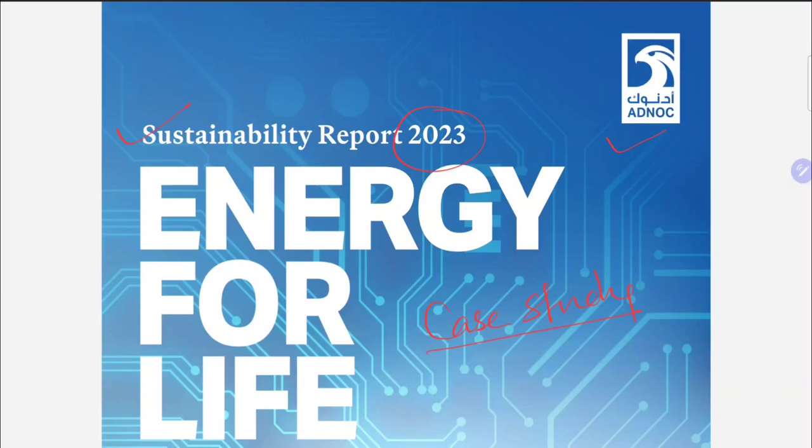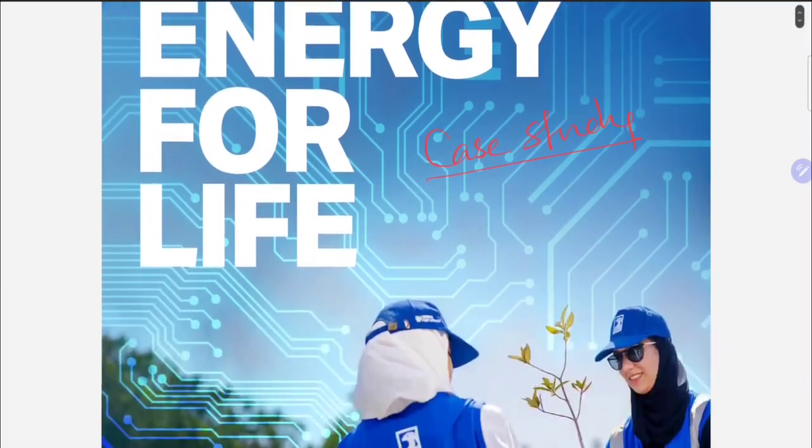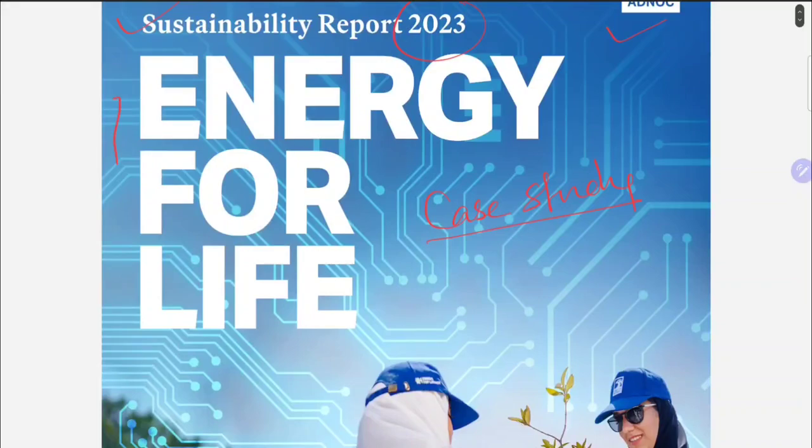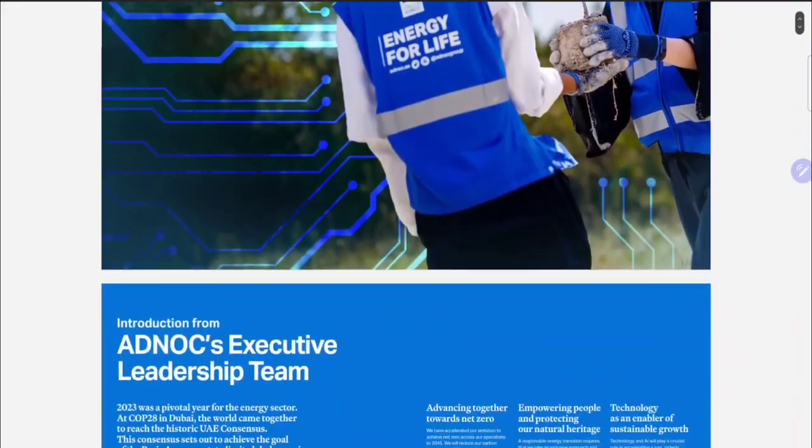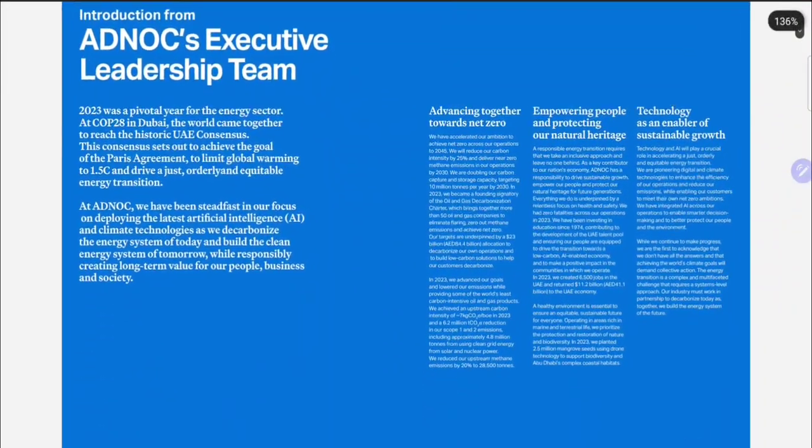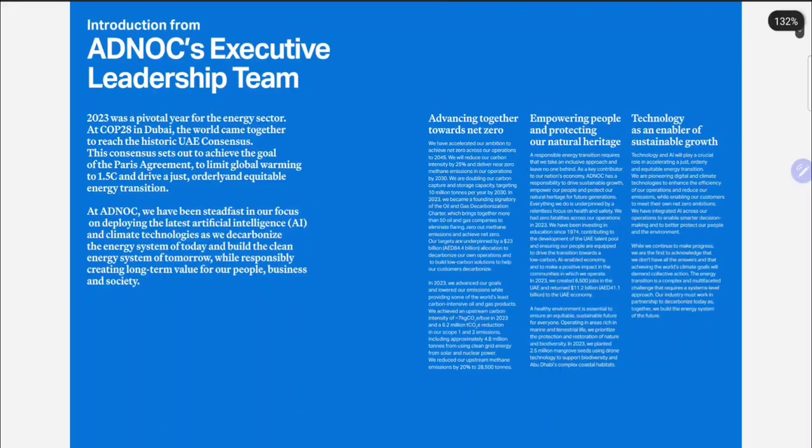Let us start. This is the 2023 sustainability report for ADNOC. We will review that, and the title is Energy for Life. Okay, let us start reviewing this report. So the first page is the introduction from ADNOC's executive leadership team. Okay, what they think about sustainability, how they implement the sustainability initiatives.